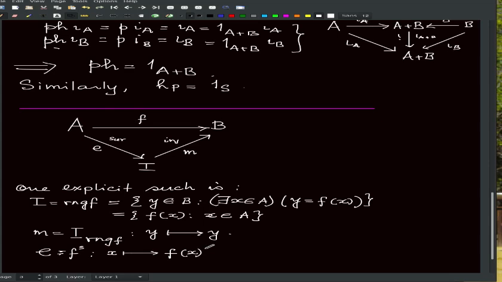So although your map e in this special choice has the same formula within quotes as f, it is not the same function because the codomain is not the same, and property-wise you can see that they are different. As a consequence, every function is kind of a mixture.